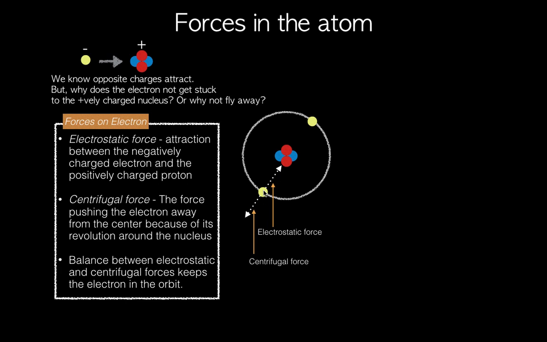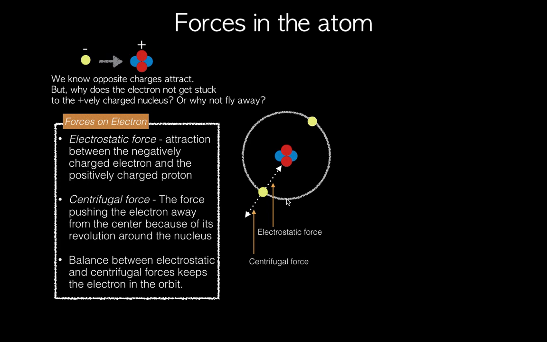Because the electron goes around the nucleus at great speed, there is a force that pushes the electron away from the center, and that is called the centrifugal force. The balance between the electrostatic force and the centrifugal force keeps the electron in orbit.